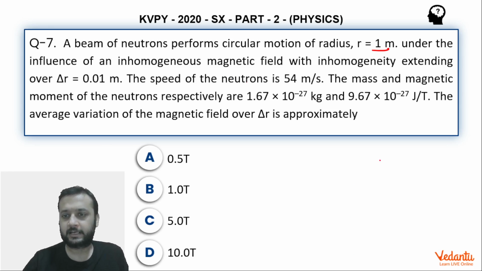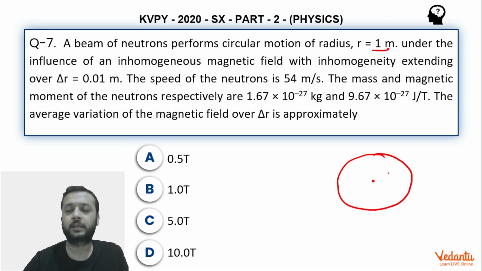So if the neutron is performing this type of circular motion of radius 1 meter, and you go from r to r plus dr from the center, then there is a slight change in the value of the magnetic field.